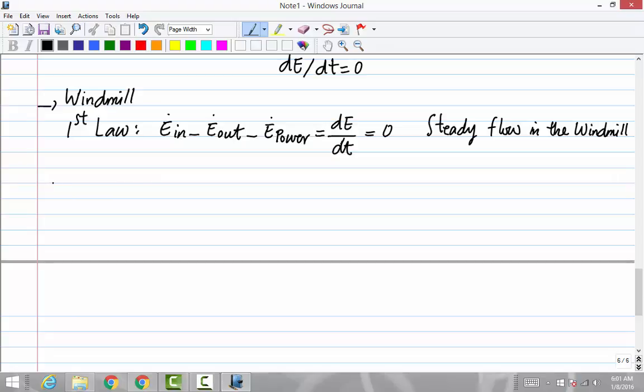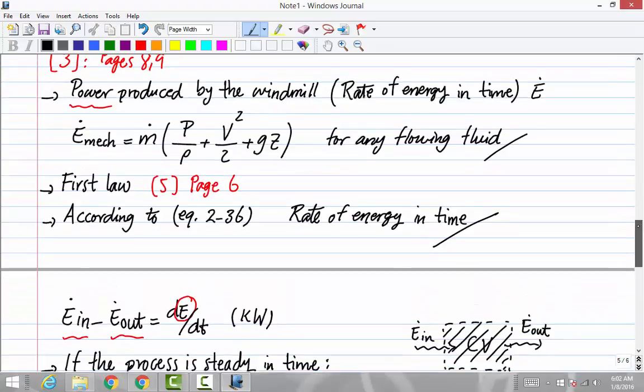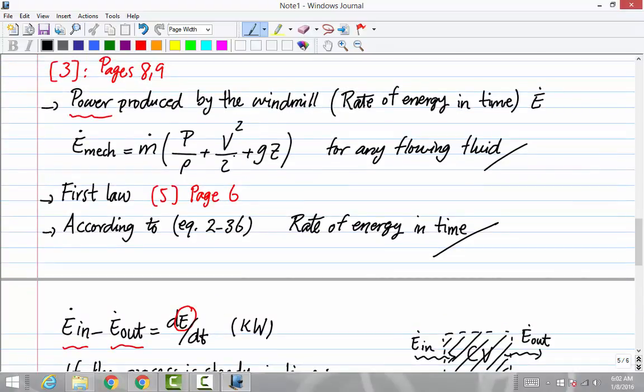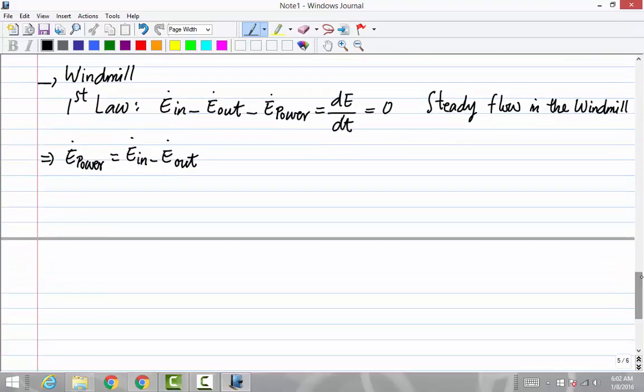Therefore, we can just take the e to the power to the right side and then rephrase our equation in this form, and I can substitute this equation, E dot in equals m dot times whatever here, to connect everything to velocity or altitude or pressure.